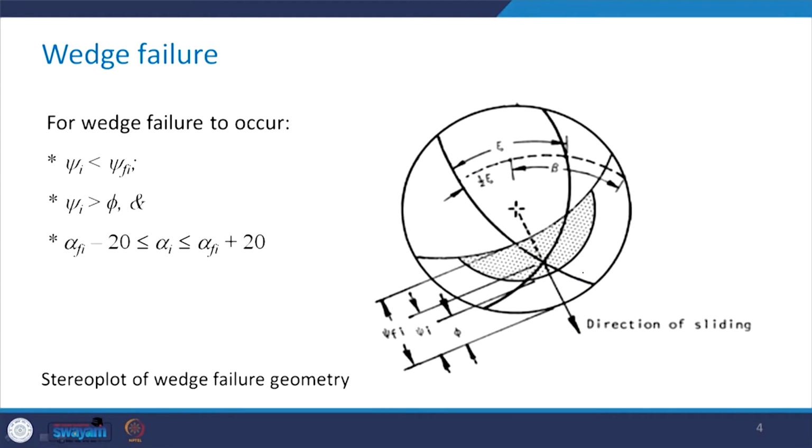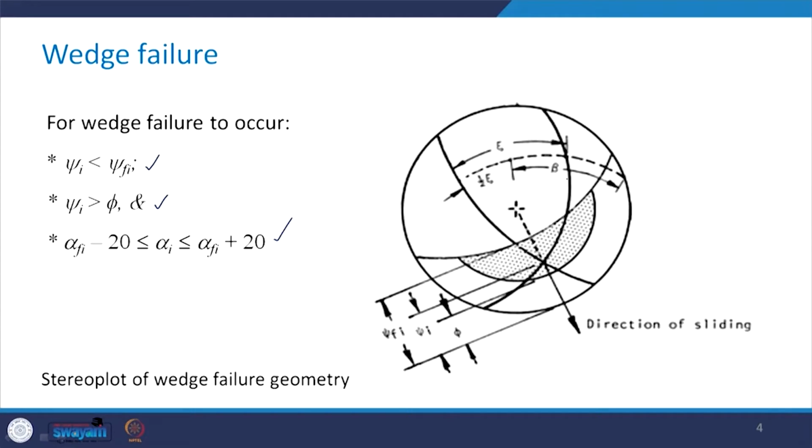Now, you know that as far as the kinematic analysis of wedge failure is concerned, for the wedge failure to occur, these three conditions have to be satisfied. This we have discussed in detail when we discussed the graphical representation of the geological data.